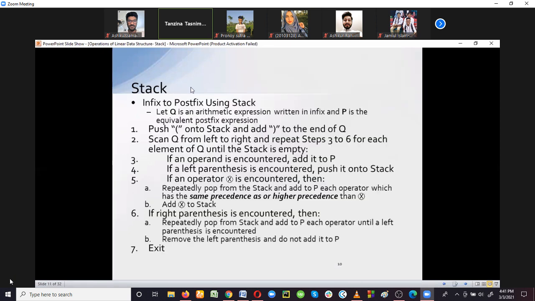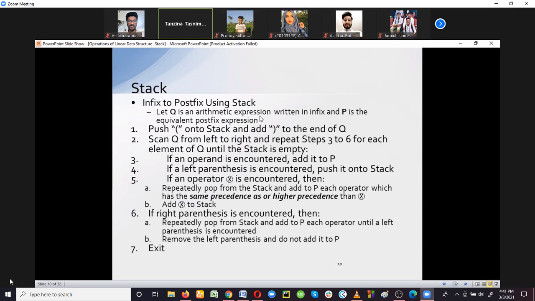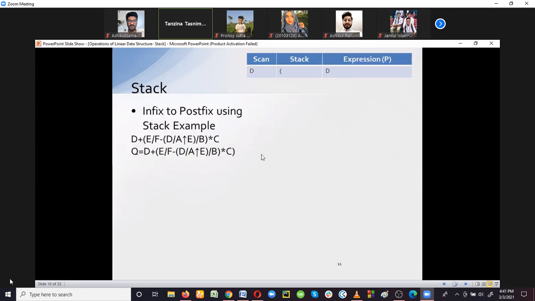Okay, so that means an expression will be given, and that expression is given in which notation? Infix notation. So we can assume that the arithmetic expression is stored in, or we can assign, a variable Q where you can store all the operators and operands of the infix notation. Q is a variable which is used for storing the infix notation.